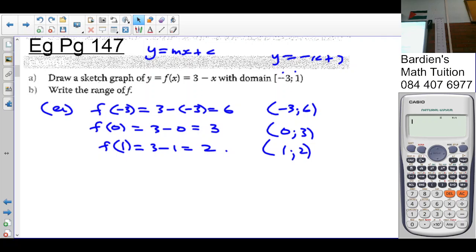Going to -6 and 6. The axis is not big enough.